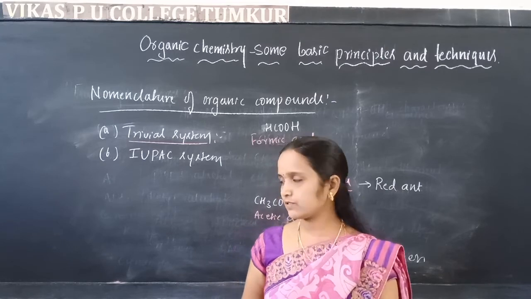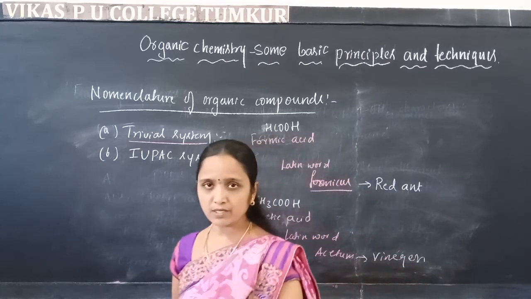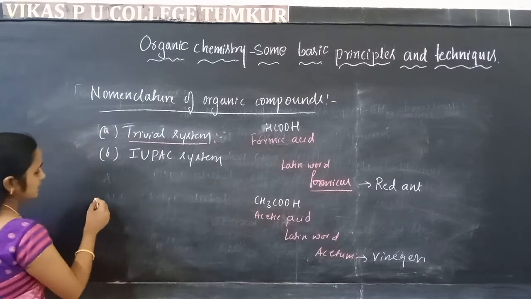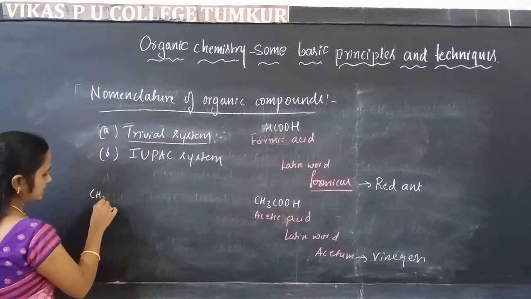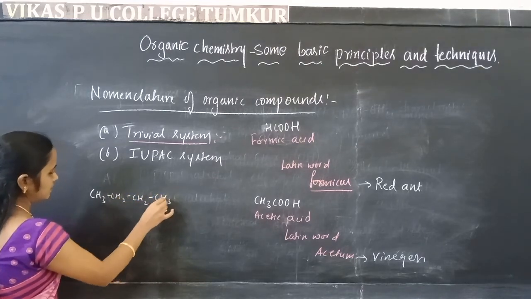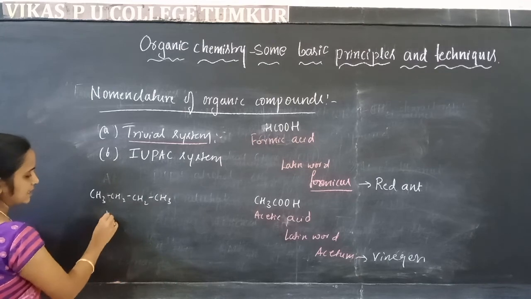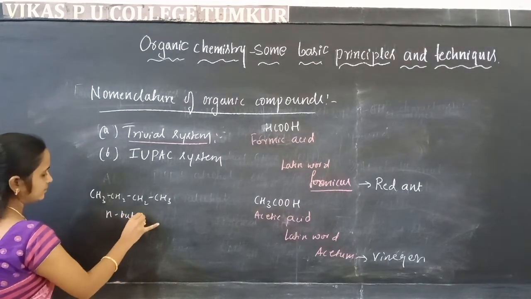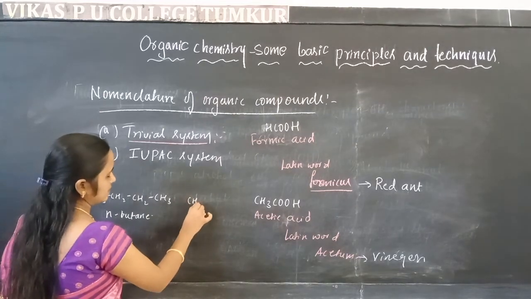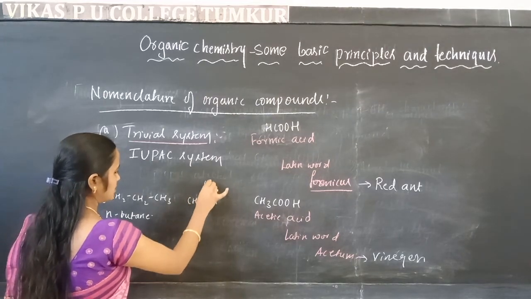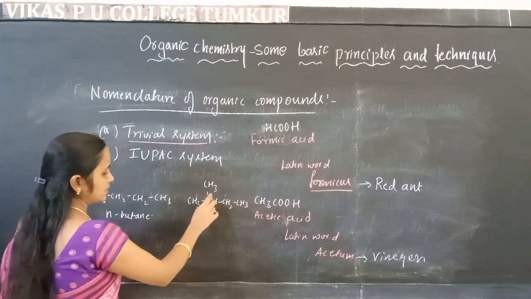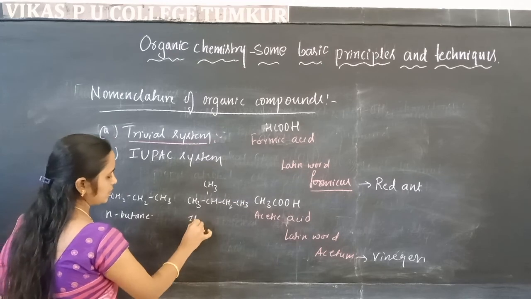Like this only, for the branched compounds, CH3, CH2, CH2, CH3, the name given to this compound is n-butane. Then CH3, CH, CH3, CH3, the name given to this compound is isobutane.